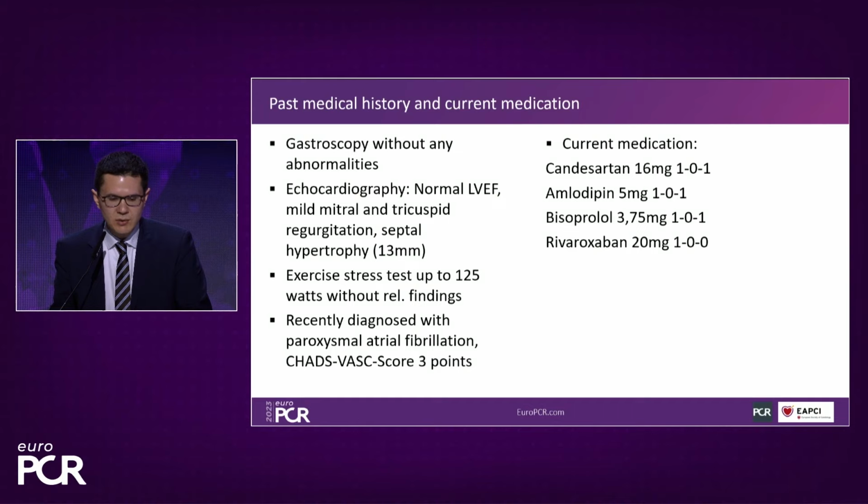And his exercise stress test was stopped at 125 watts without any relevant findings, but he was not able to increase his heart rate to the number needed. He's recently diagnosed with paroxysmal atrial fibrillation, and this is why he has the current medication shown on the right-hand side, including candesartan, amlodipine, bisoprolol, and rivaroxaban.